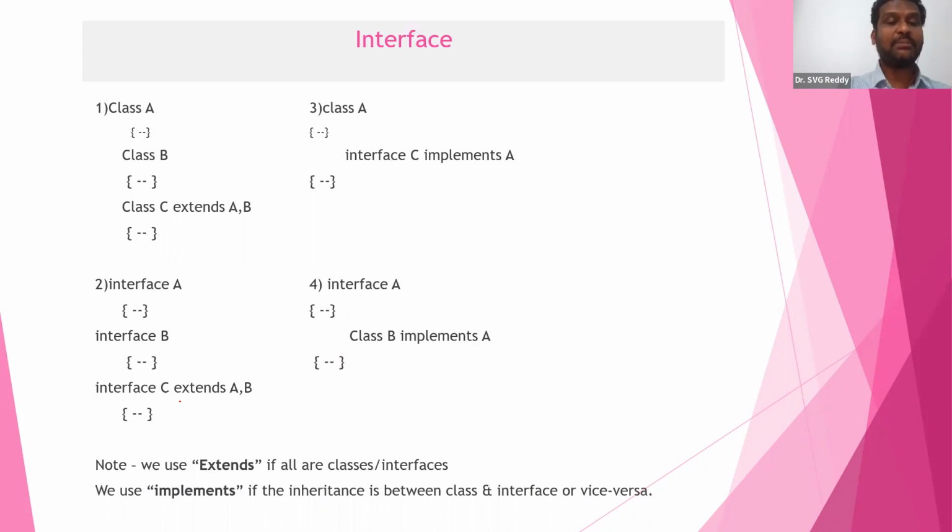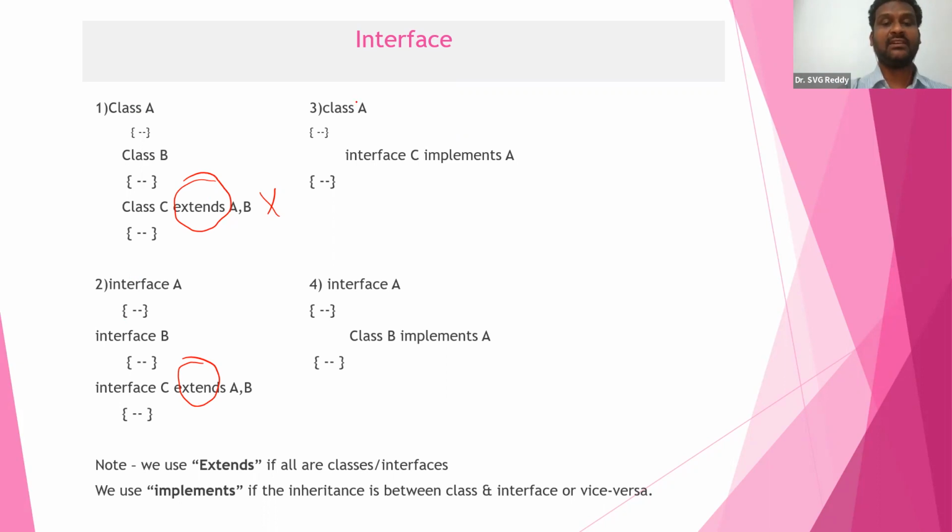If at all we have multiple classes like this, of course it doesn't support it. But if all the things are classes, then we use the keyword extends. If everything is an interface, even then we can use the keyword extends. If all are the same, homogeneous, class or interface, the keyword is extends.